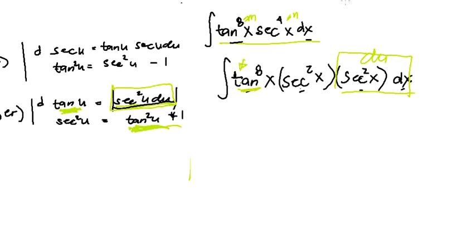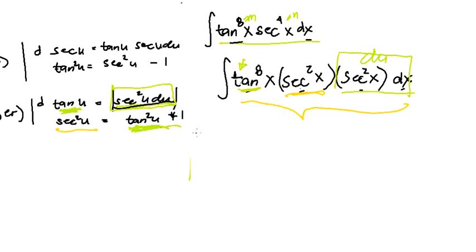So what we have left here is this term, secant squared x. In order for us to convert this whole term in terms of tangent, we need to use the identity, which is secant squared u equals tangent squared u plus 1.